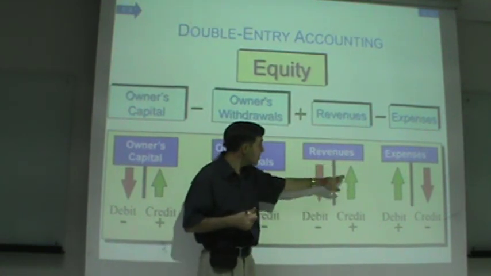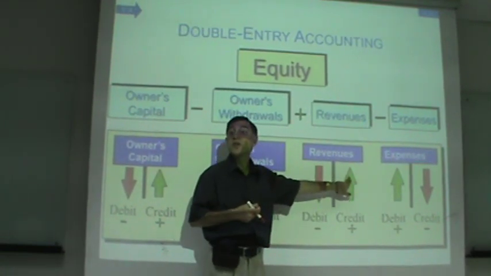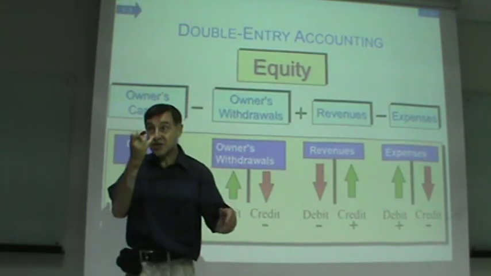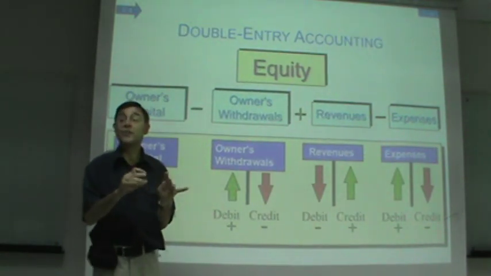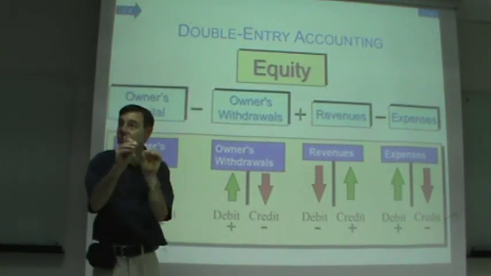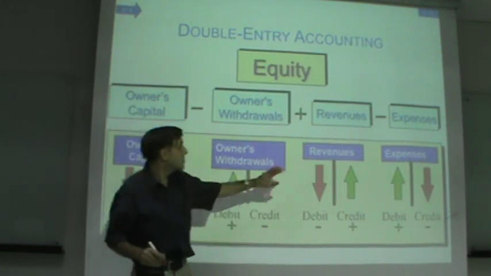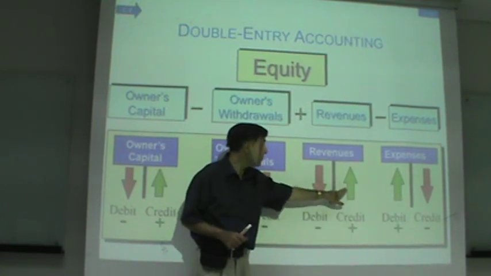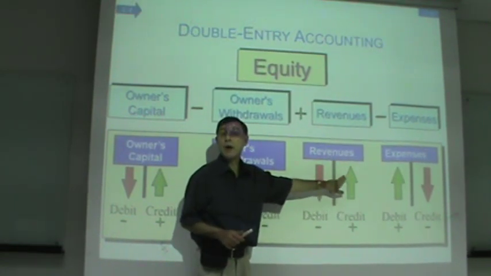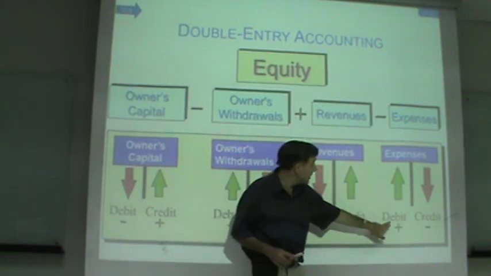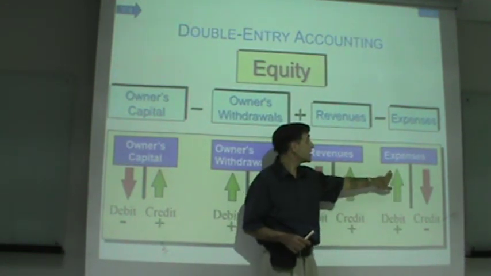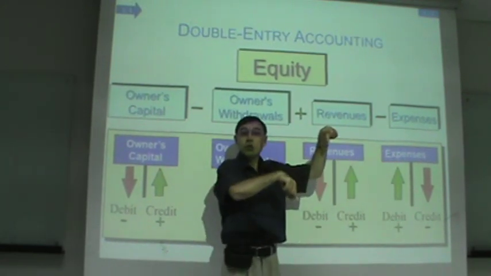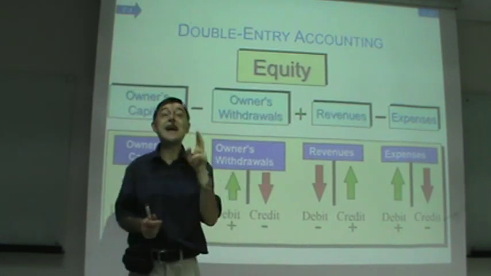So revenues will be recorded as credit when you increase. Okay? We will do, just like in chapter 1, about 10-15 examples for each one. Debit, credit, debit, credit. But it's very simple. If you have a revenue, you usually credit the revenue and the revenues will go up. When you have an expense, you will debit the expense and the expenses will go up, but the total equity will go down. Okay? So that's the tricky part.